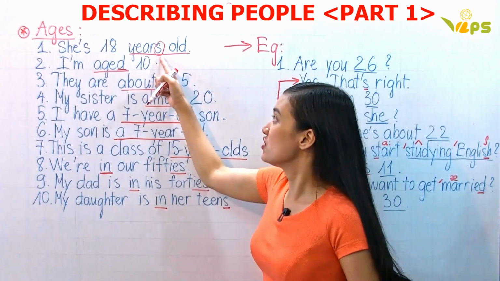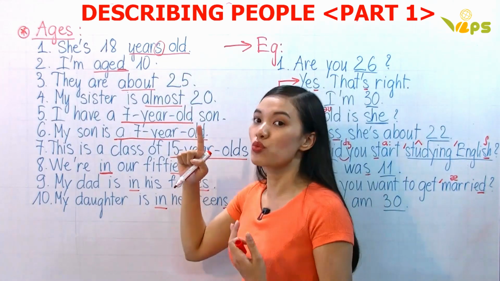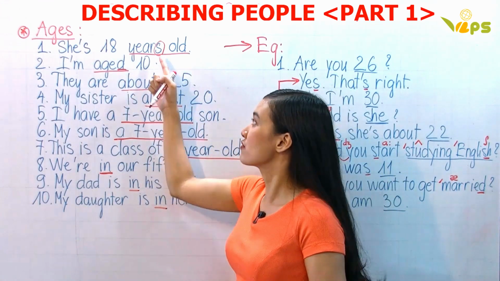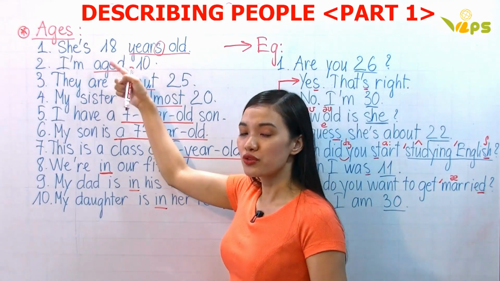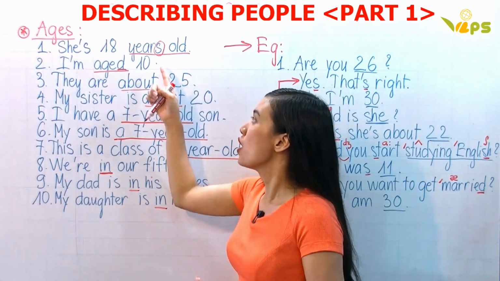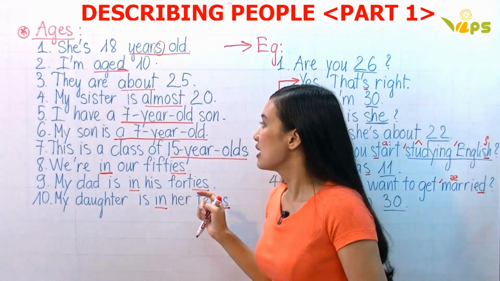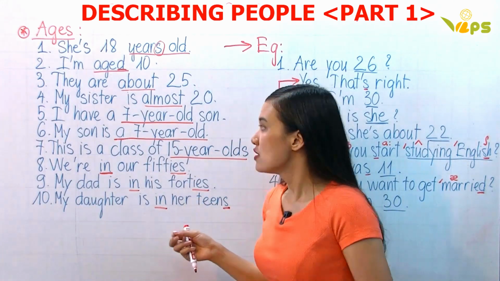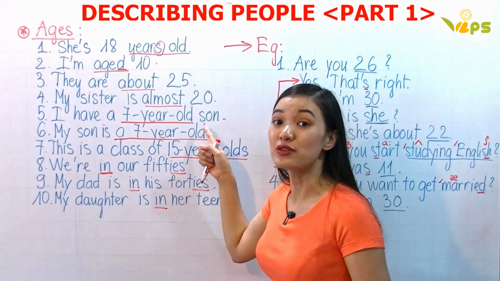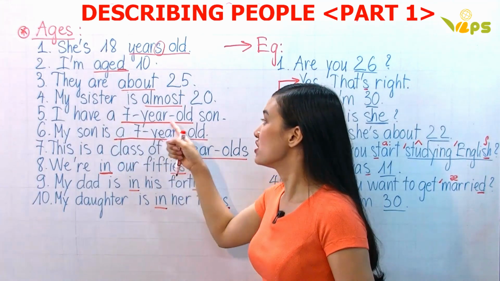We have years here. If it is just one year, you don't have to add s here. 1 year old. From 2, 3, or over than 2, we say years old. In this way, we use year old here as an adjective, and after that is a noun, son. A 7-year-old son.